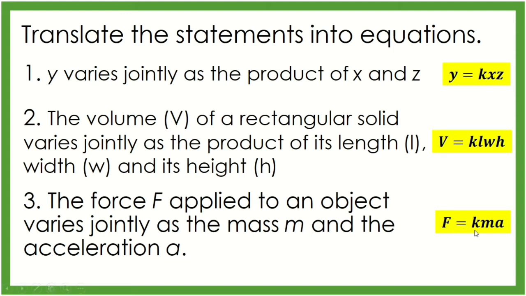Equal sa K is for the constant, M stands for mass, so ito yung second quantity natin, and A is for acceleration, so the third variable. So sa jointly, mumultiply lang natin yung two or more quantities or variables.